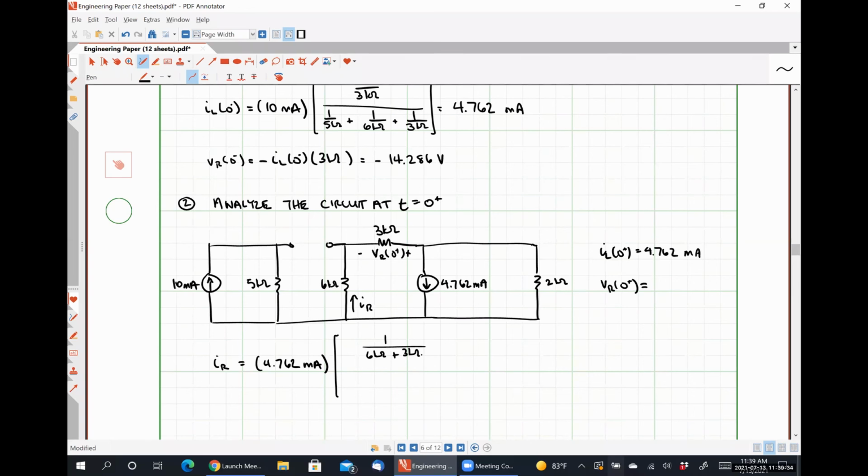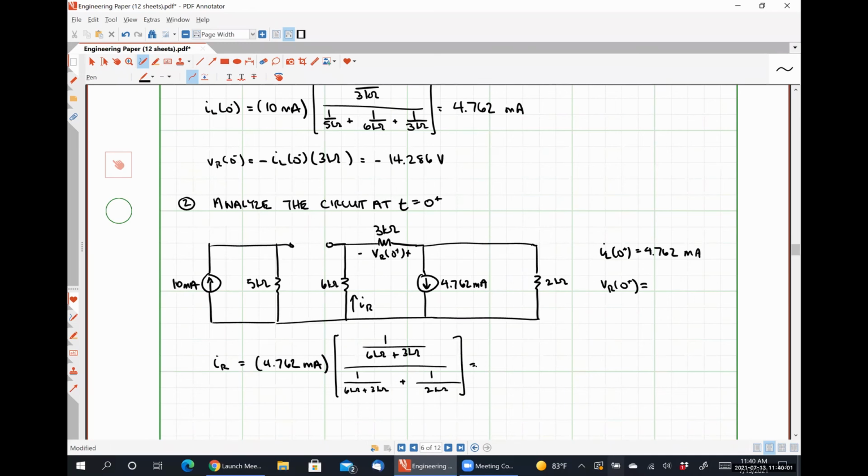Because remember, I have to take into account the total resistance of the branch here. So if this current splits and sees 6 in series with 3, then I need to put 6 in series with 3. Then that's going to be divided by 1 over 6 kilo ohms plus 3 kilo ohms plus 1 over 2 kilo ohms.